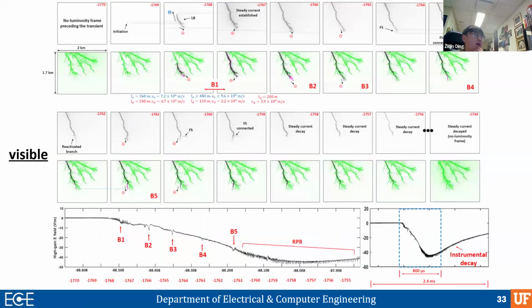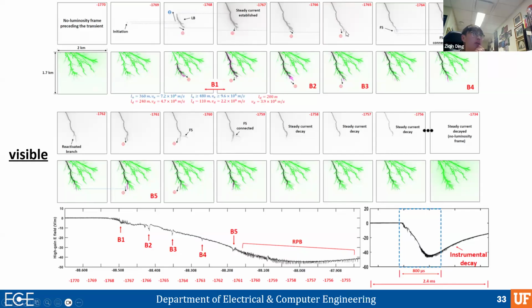So how does it look in real frames? Here are the visible range frames observed for those positive luminosity transients. It initiates in a bidirectional manner and then propagates backwards following the previously created channel and connects to the parent channel. After its connection, there is development at the other side of the leader tip.